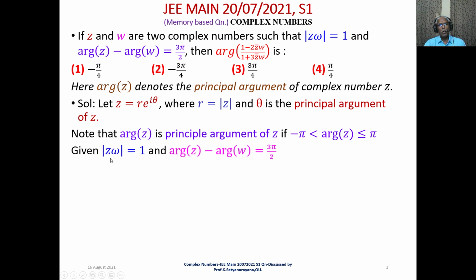Given mod ZW is equal to 1 and argument of Z minus argument of W is equal to 3π/2.